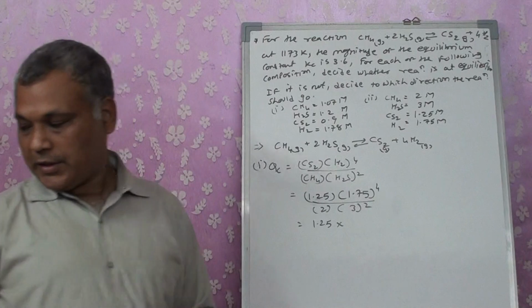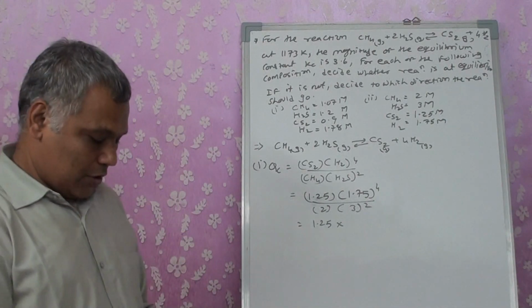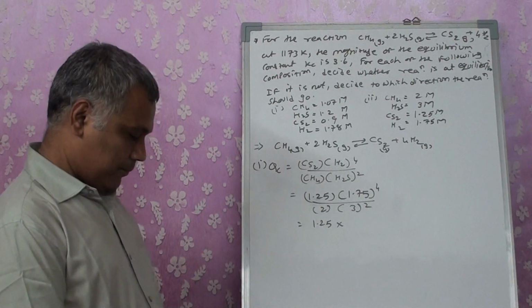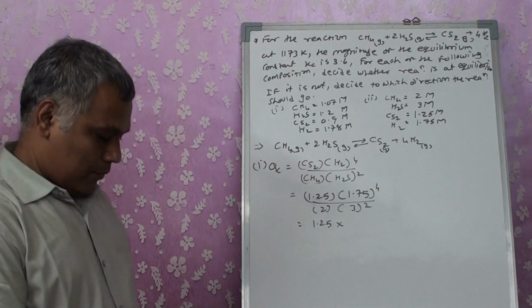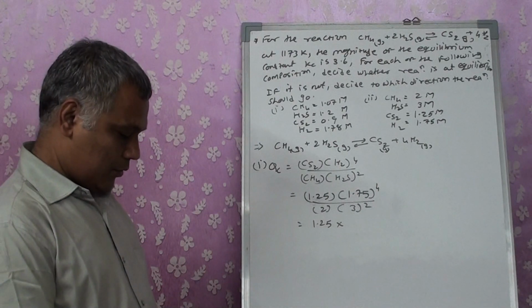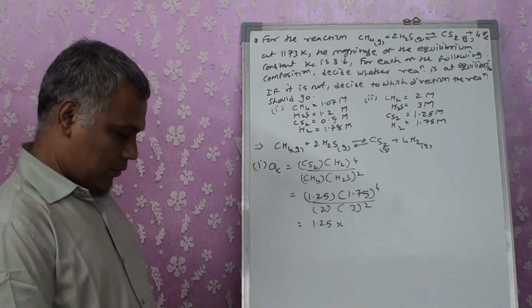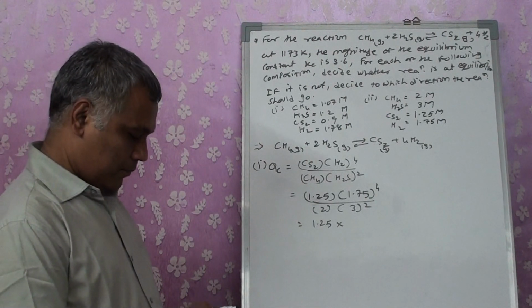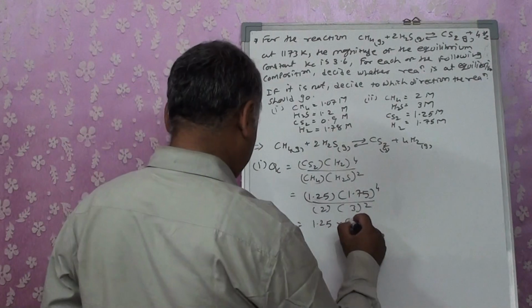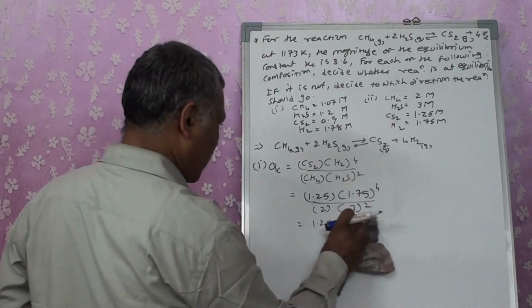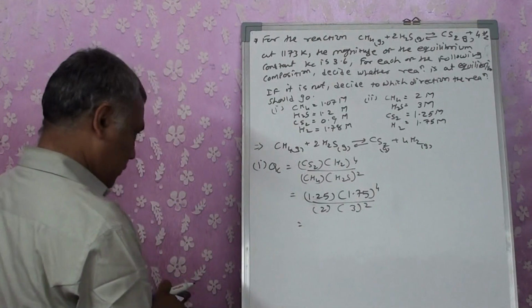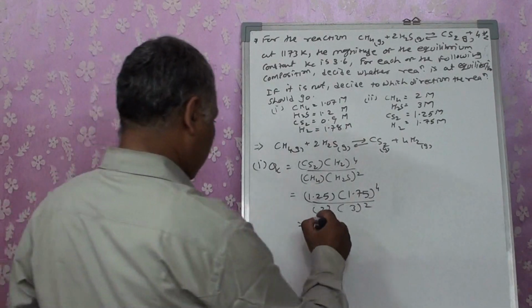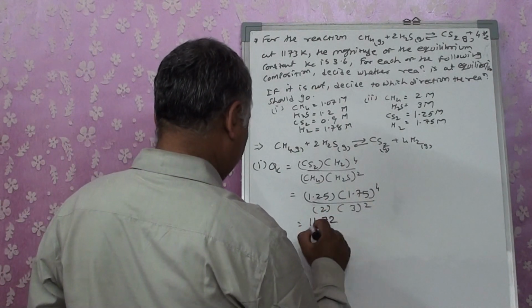By using the calculator, if I go through the calculation, 1.75, I will make it a whole calculation, 0.72.